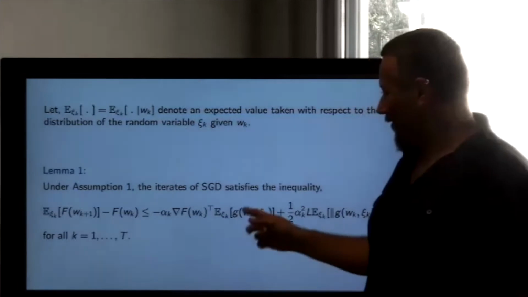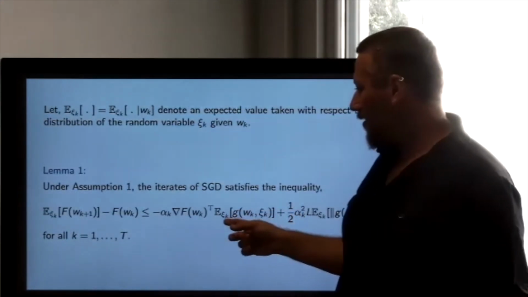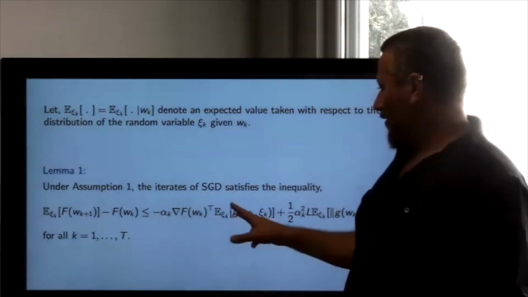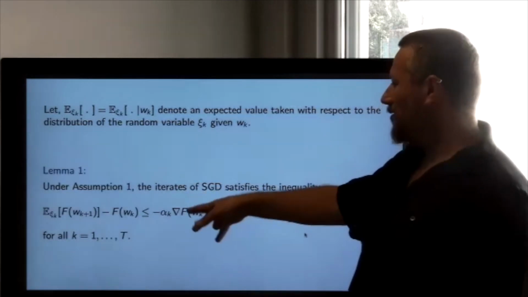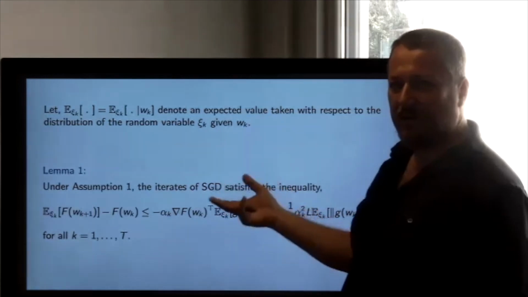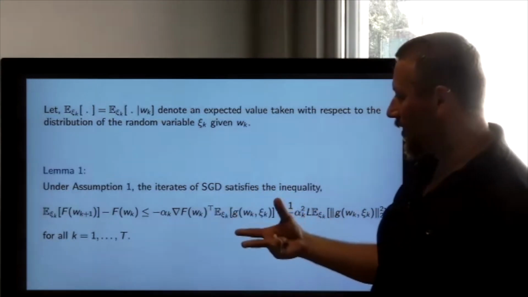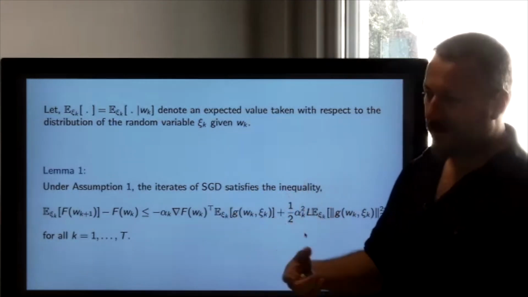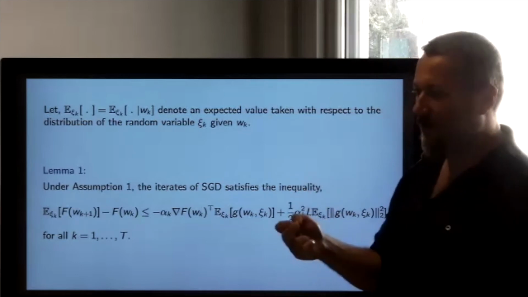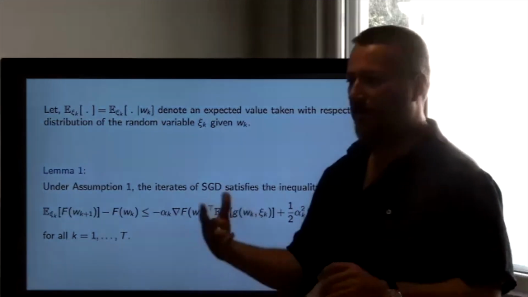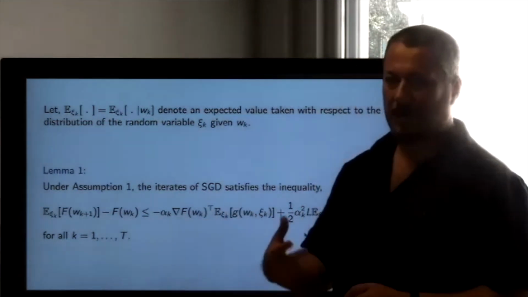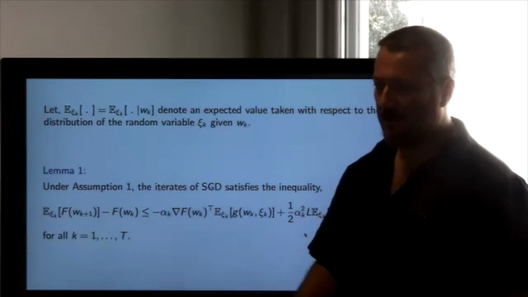under our assumption of Lipschitz continuity. Our results will always depend on an expected value because we are working with stochastic gradients and random variables, and we don't know exactly where this stochastic process will go, but we can calculate this expected value.